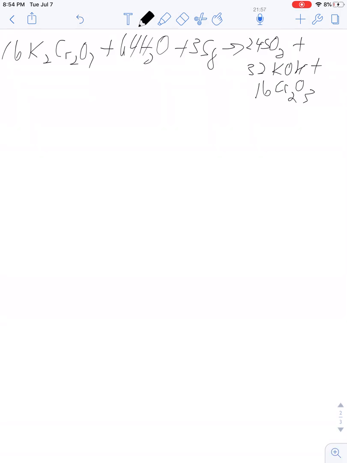Let's check the oxygens because that's going to be the tough one. So 16 times 7. So 112 oxygens plus another 64. That's 176 oxygens on the reactant side. On the product side, 24 times 2 is 48 oxygens plus 32 plus 16 times 3.